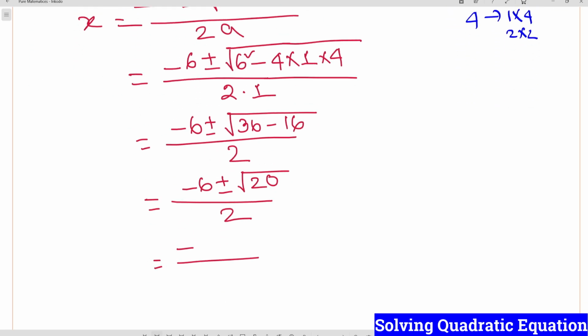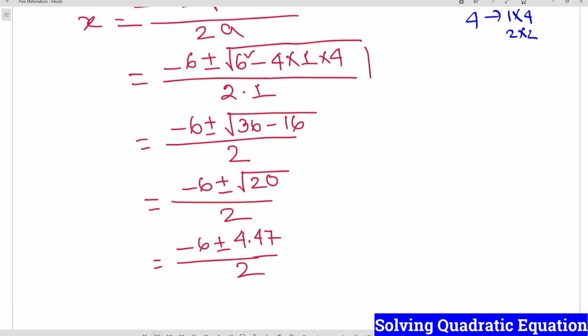Now here will be minus 6 plus minus root 20. Root 20 we can get with a calculator: 4.47. 4.47 divided by 2.